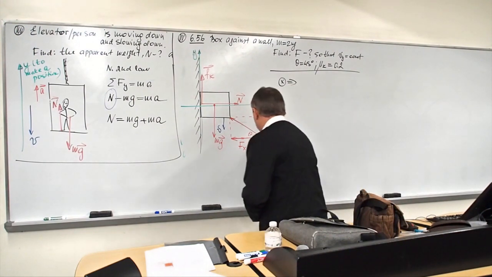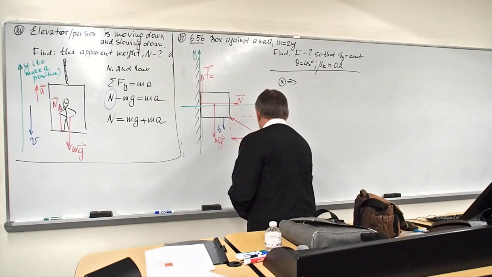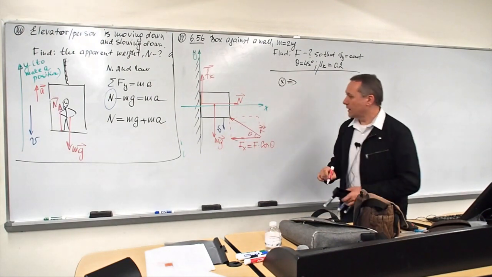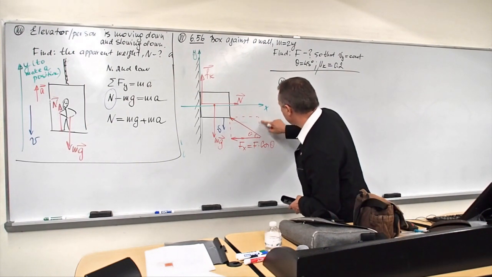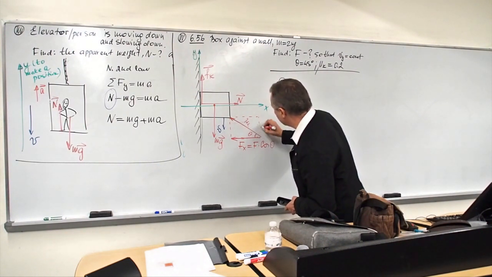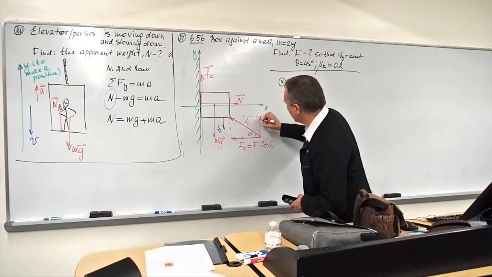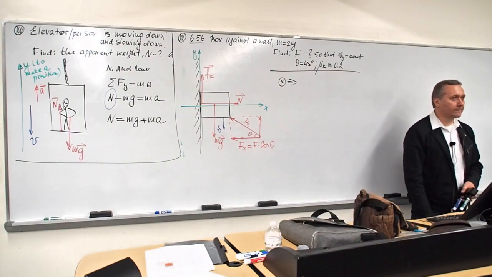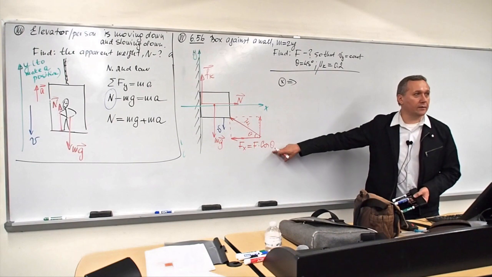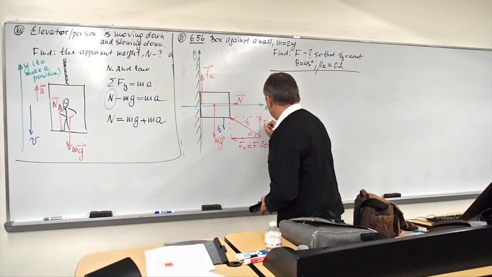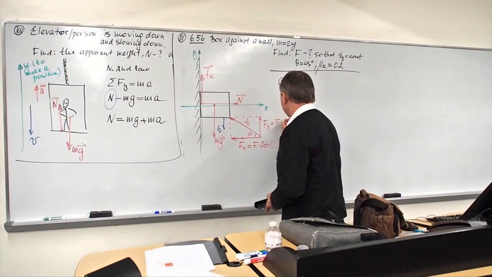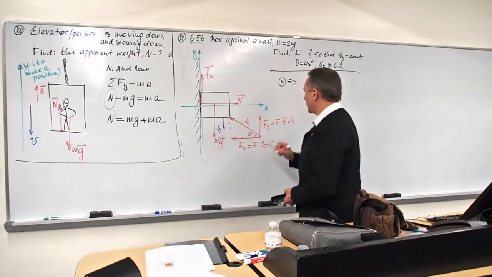It's F times cosine theta. Then the Y component of the force. If we use cosine here, sine must be used here. F sub Y equals F times sine theta.